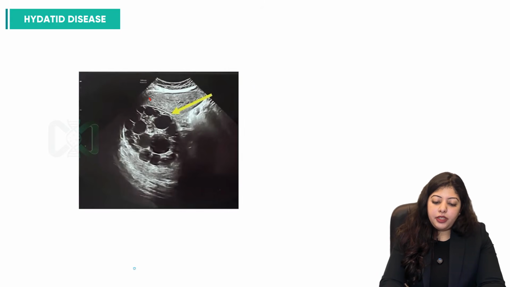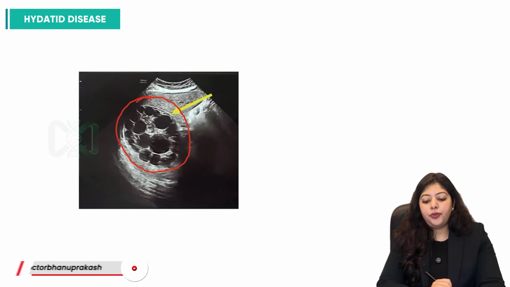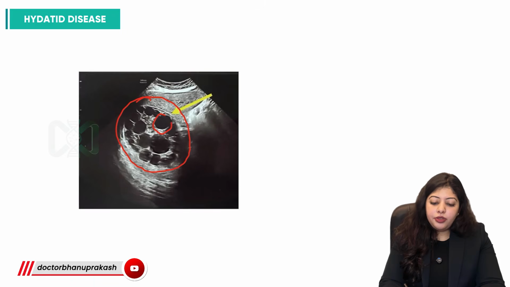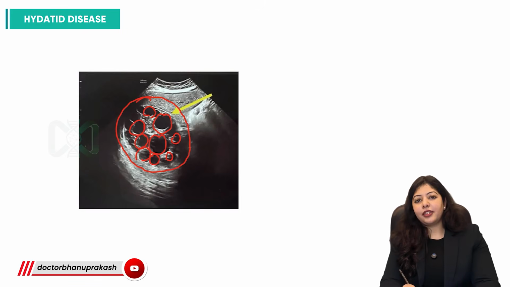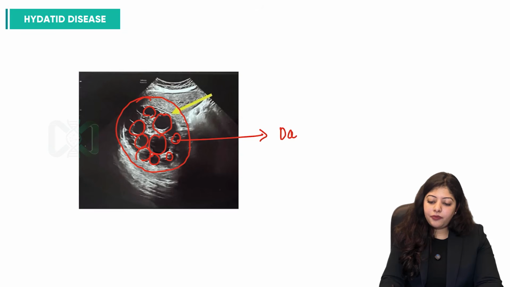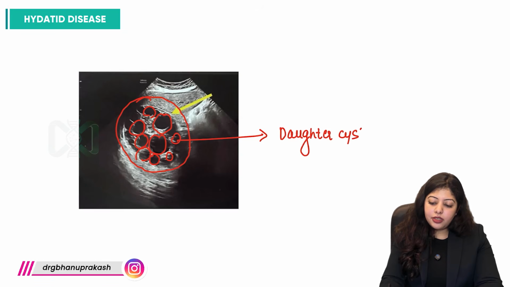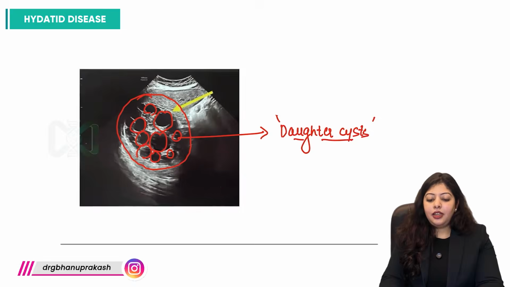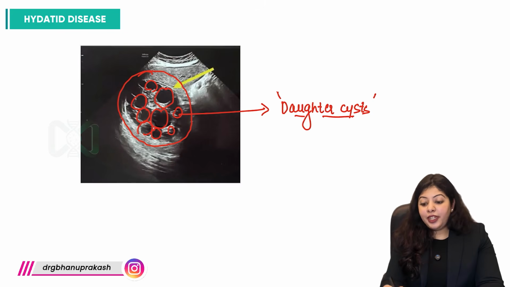So now moving down to another image. Here also I think we are able to appreciate very well this round structure and multiple round structures present inside this cavity, right? So what are these? These are nothing but the daughter cysts which are present, and these daughter cysts are giving a very important sign.